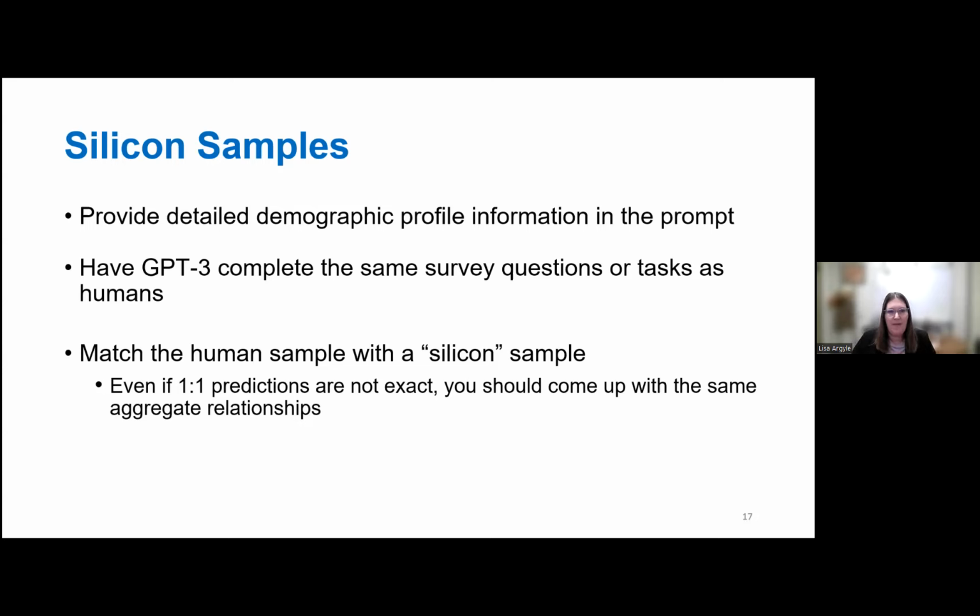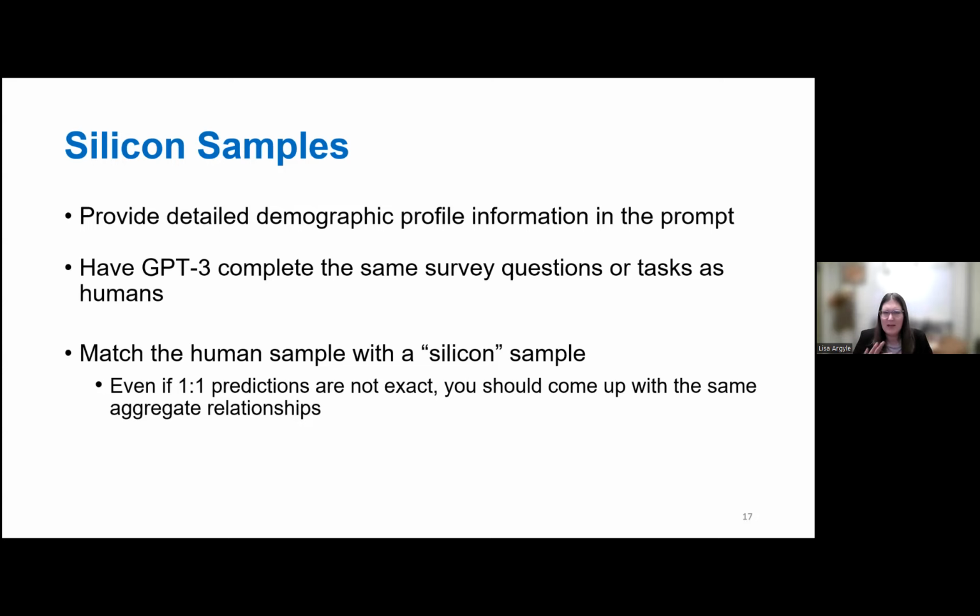So we're talking about a human sample and then a silicon sample. We're using real human survey data. I'll tell you about two of the sources we use in just a minute. And then we're matching: given this backstory in the prompt, does the language model produce the same thing we would expect a human to say or do in that situation?